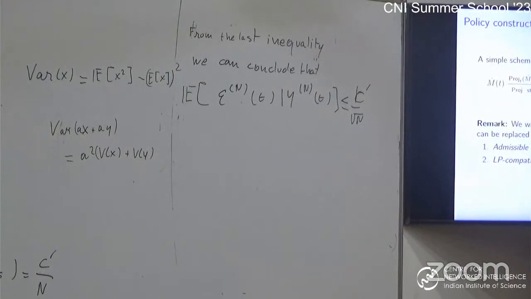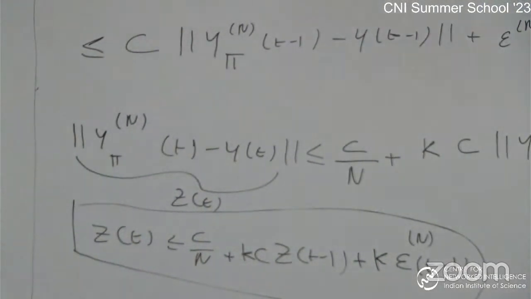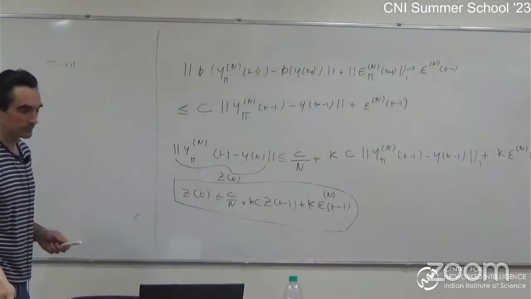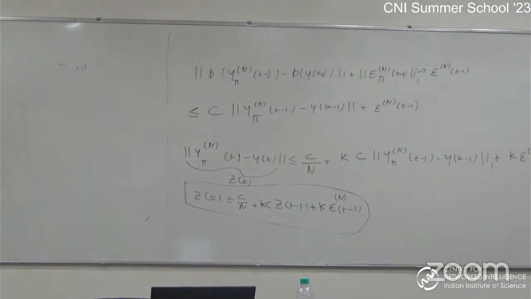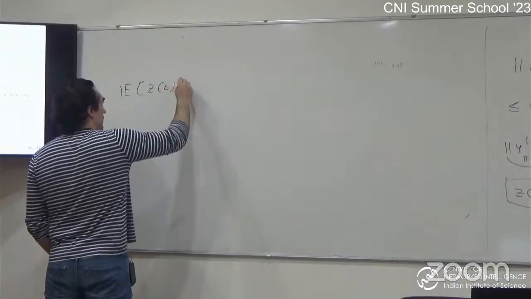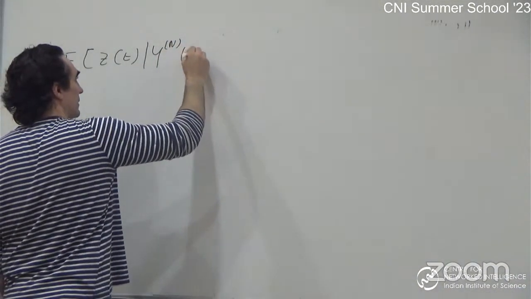So remember that our objective is to study this. So let's write the expectation of z of t, knowing y n of t minus 1.